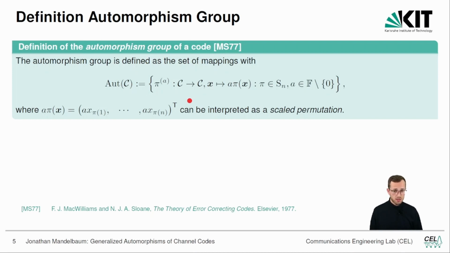Here, the automorphism group is defined as the following set of mappings, which we name scaled permutations, because we have here this factor a, which is a non-zero element from our field, and P is an element from the symmetric group, therefore a permutation, and we can see that a simply scales this permutation. And most importantly, the automorphism group here consists of all self-mappings that are permutations or scaled permutations.